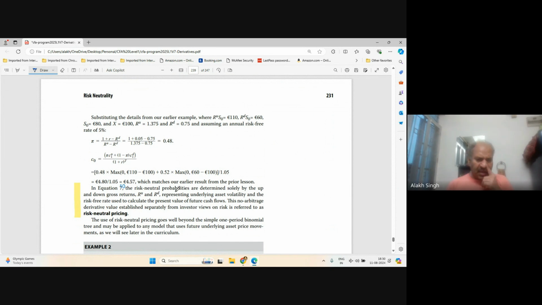That is what we had calculated using C1 minus C1U minus C1D. So this formula is easier. C0 is equal to pi, the risk neutral probability, times C1U. We had easily calculated C1D, and RU and RD both very easily.